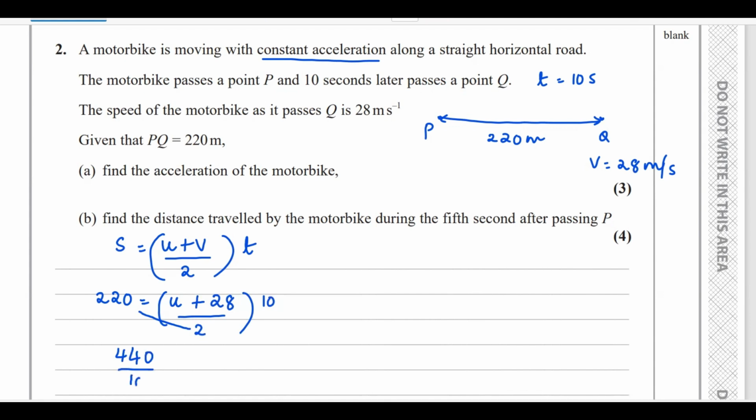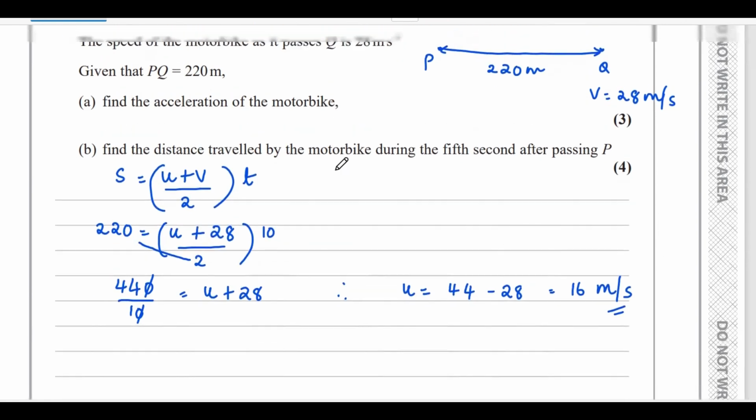So it becomes 440 divided by 10 equals U plus 28. 440 divided by 10 is 44. Therefore, U equals 44, and 28 goes to the other side, so it becomes minus 28. 44 minus 28 equals 16. So 16 meters per second will be our initial velocity.